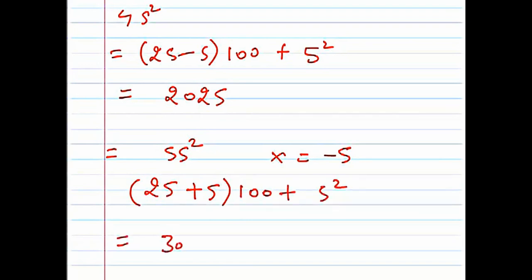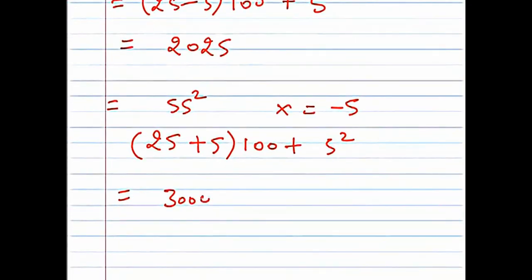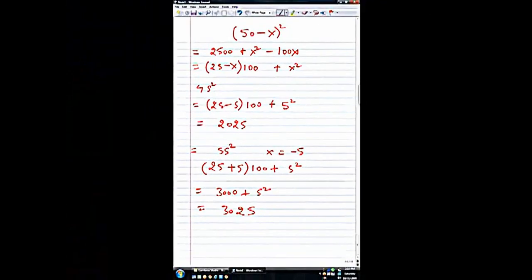That will be equal to 3000 plus 5 square is equal to 3025. So this is how I come up with this technique. If you use the technique, it will be much simpler to do the square of any number which is near 50. Thank you.